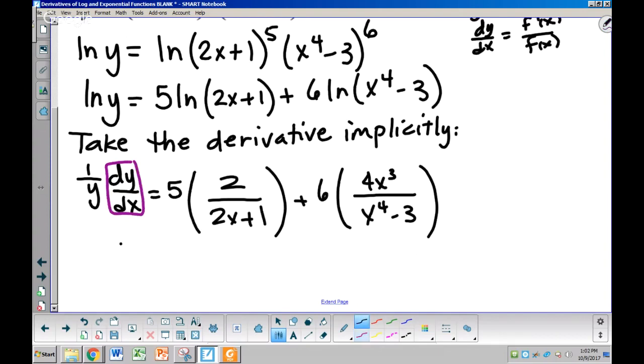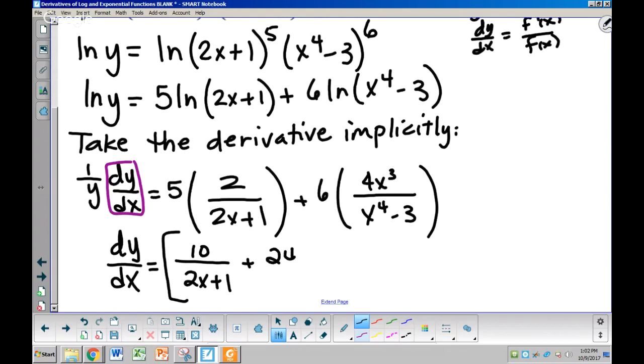And so I have to take the right side and multiply everything by what? y. So what's 5 times 2 up here? It's 10 over 2x plus 1 plus 24x cubed over x to the 4th minus 3, all times y.